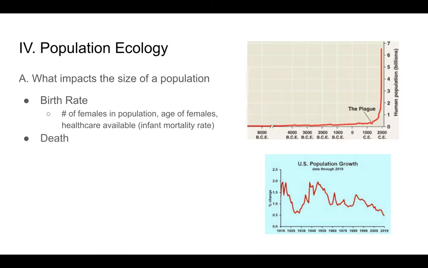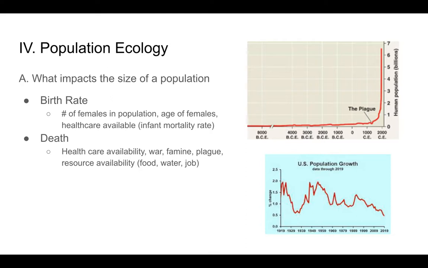We look at death rates as well. Again, the same things can be said. You can look at things within the history of a population or country in this case that can predict death rate or influences on death rate. So again, healthcare availability. If people are getting sick, do they have access to healthcare? Is that healthcare good? If not, you might have a higher death rate in that population.